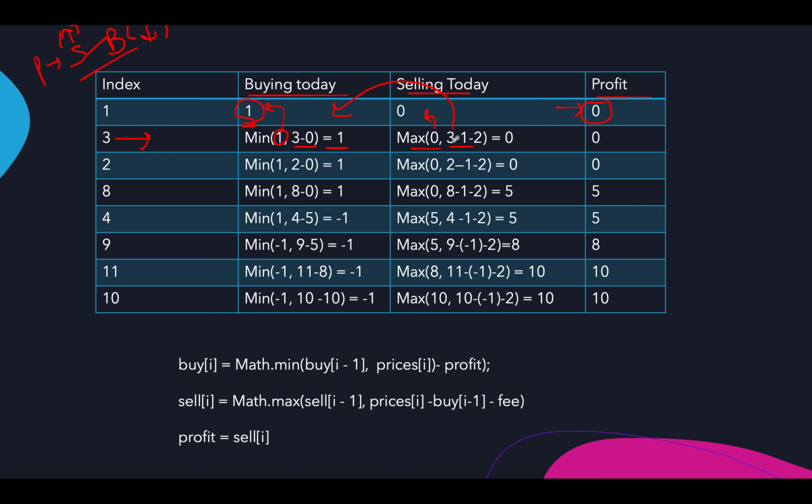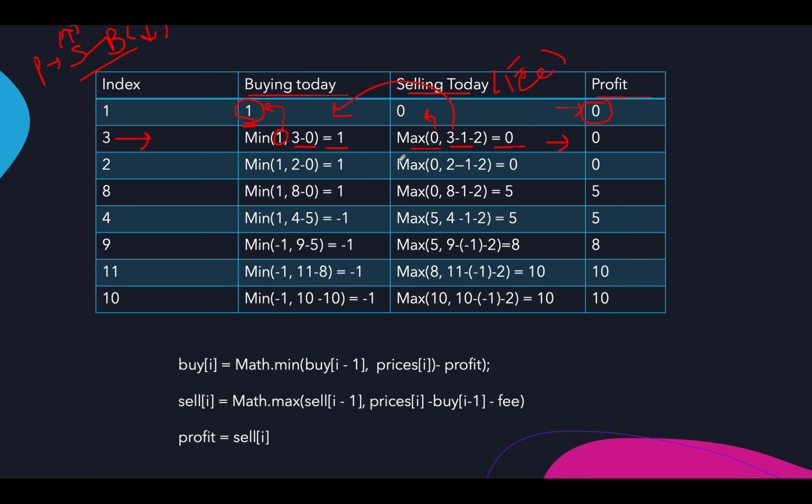So the current price is 3 minus the buying price, whatever the buying cost was of the previous day, not on the same day, because you can't do it on the same day. So 3 minus 1 minus 2, it stands for 0, and maximum of 0 comma 0 is 0, so the profit is still 0. We are also making the assumption that we are paying the fee while selling.